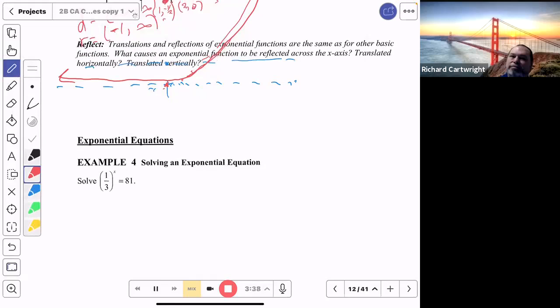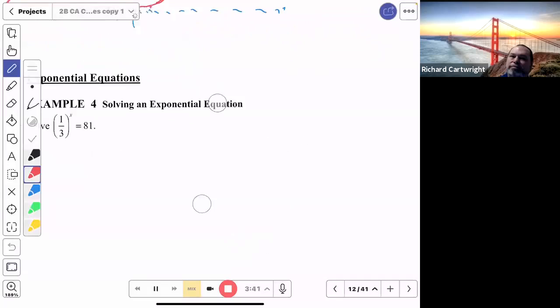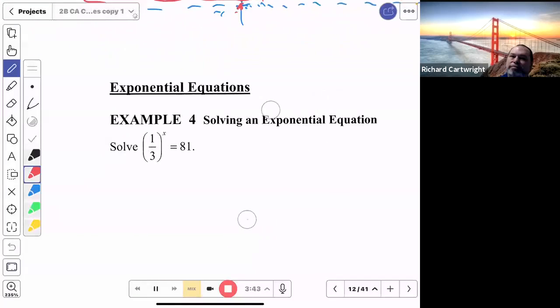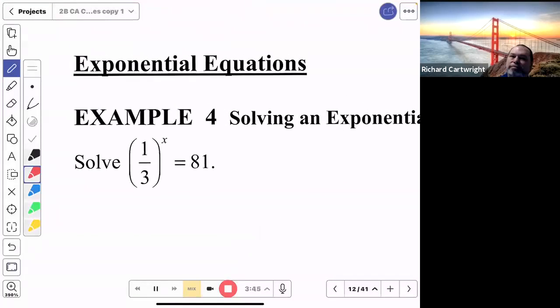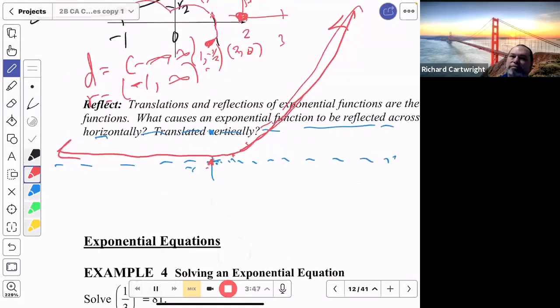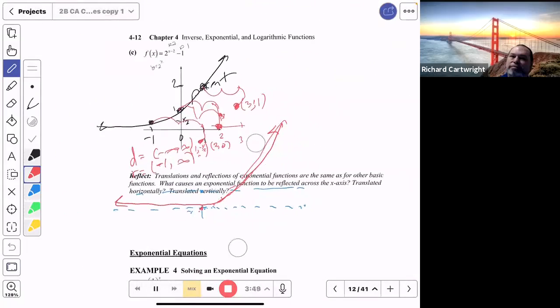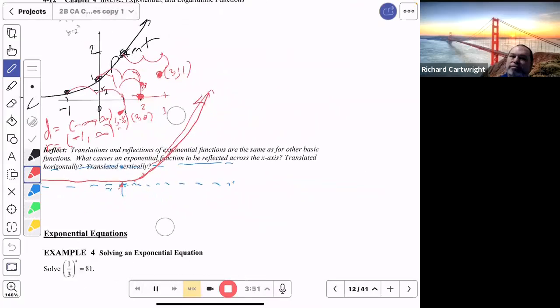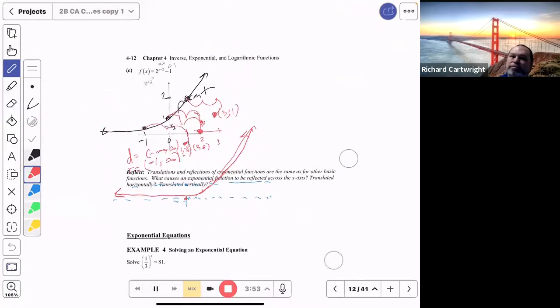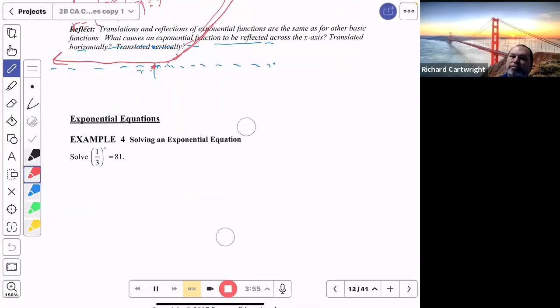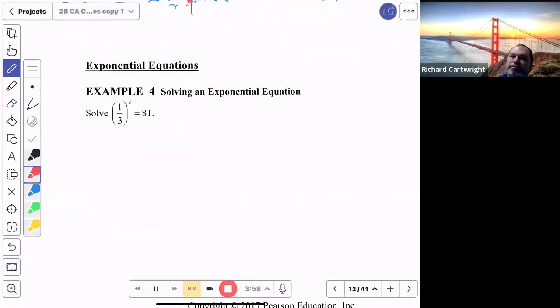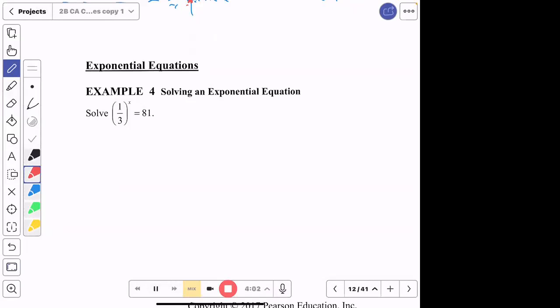Oh, because I'm not on the pen, that's why. Is there another problem? I didn't think that was the next problem, but I guess it is. I'm missing a problem. Your paper is missing a problem, I think. Is this your next problem on your paper? Yeah, it is. Okay, I don't remember seeing that first thing.